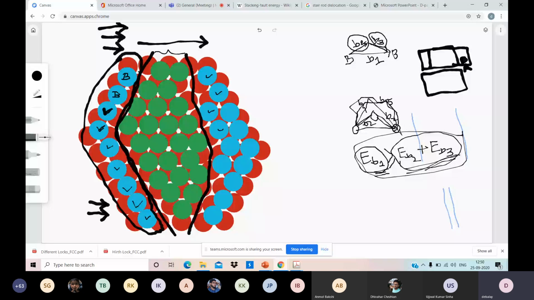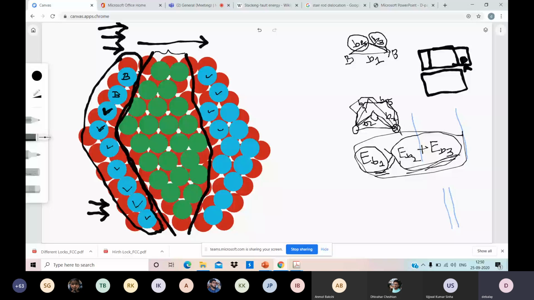Suppose your energetic conditions are met, that the B2, B3 movement is energetically more favorable than B1. Then it confirms the feasibility; it tells that it can happen.